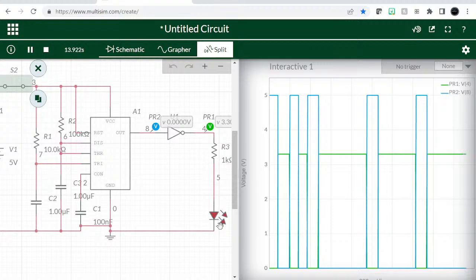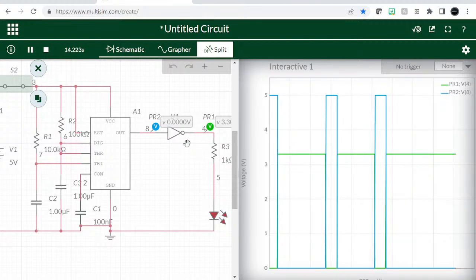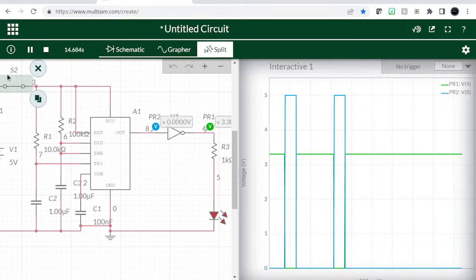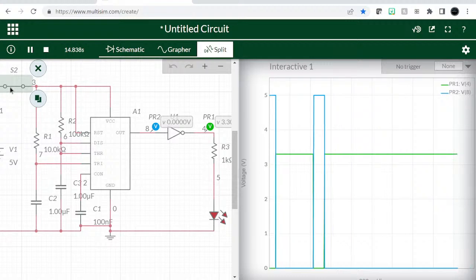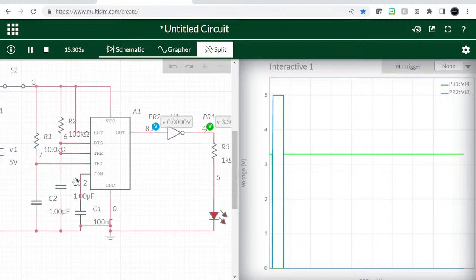Just when it goes off, and then it stays on because the inverter is always on, right? So we're going to disregard that. We haven't built this practically. When you build it practically, you're going to use the same power supply, so that when you turn off the entire power supply, the power supply to the inverter and also the LED goes off. But in this case, the LED is powered separately from the power of the inverter, this NOT gate.